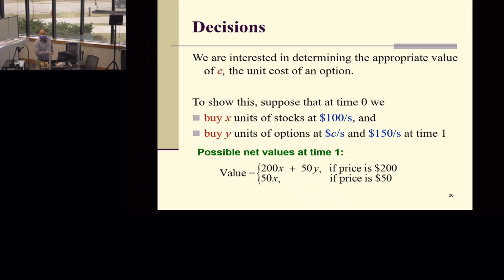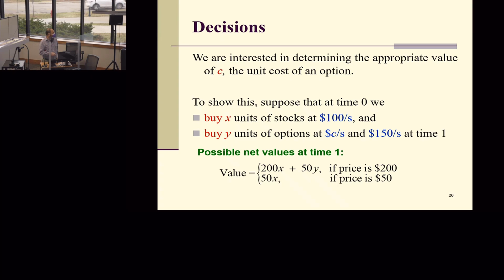The possible outcome, the value of this portfolio after one period, will be $200 times the number of stocks you purchase plus $50 times Y. What does the $50 mean?